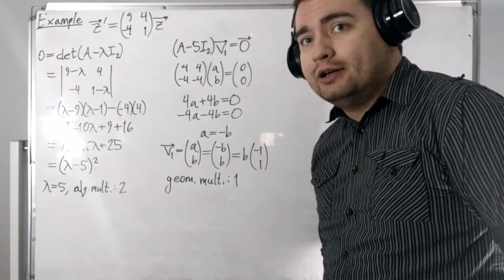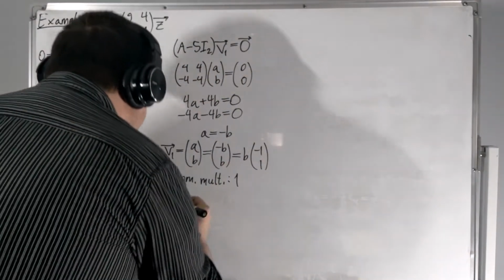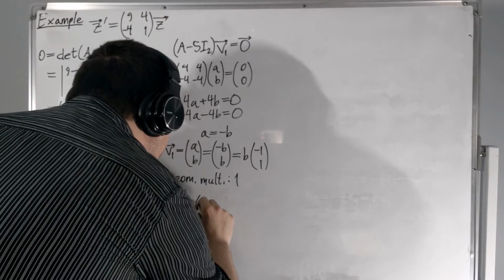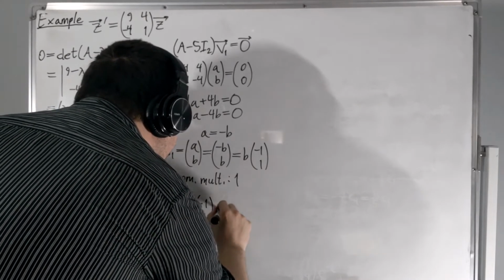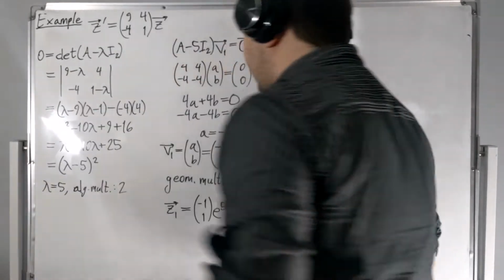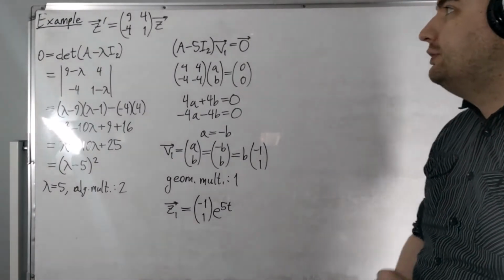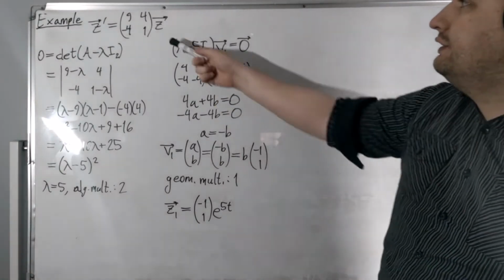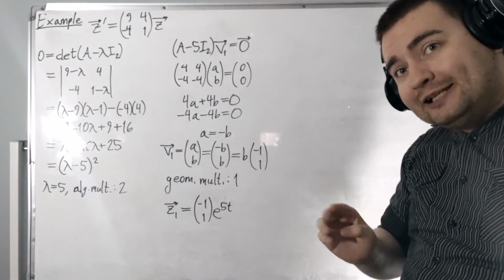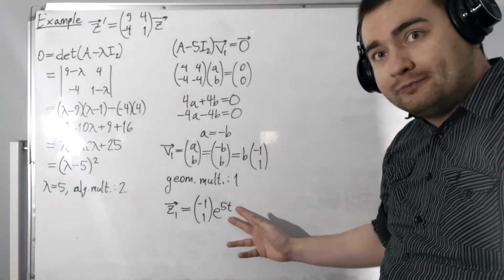Now, what's the problem here? Well, the problem here is that we can construct one basis solution, z1 vector equals negative 1, 1 times e to the 5t. And that's good. But according to our solution theorem, because this is a 2 by 2 matrix, we will need two linearly independent basis solutions.